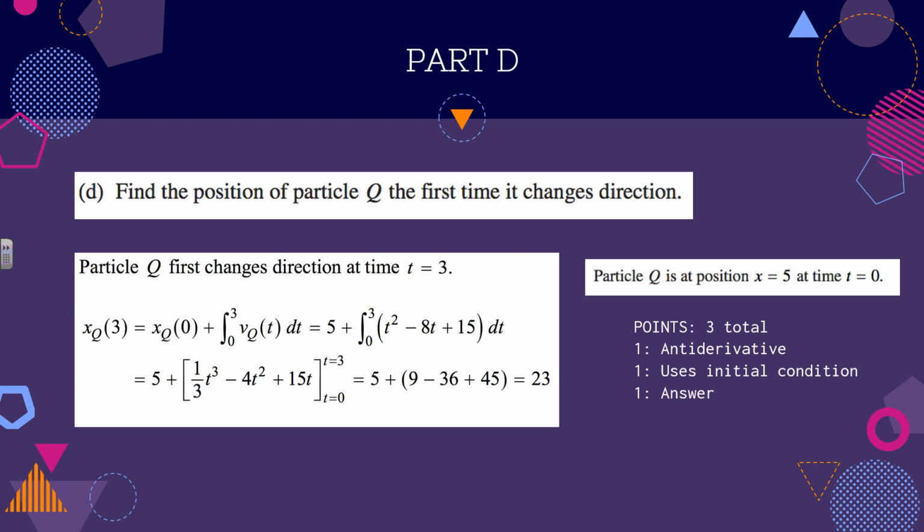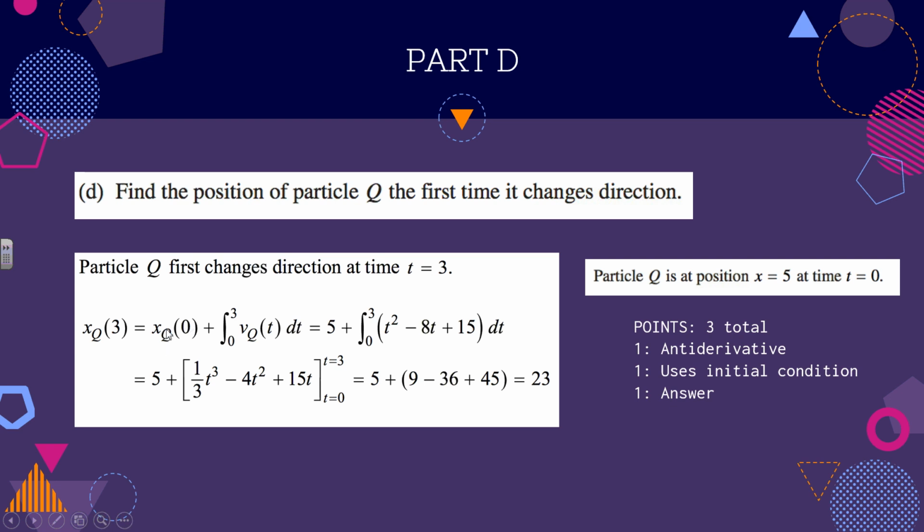And then in the last part, find the position of the particle at the first time it changes direction. In order to get from velocity to position, you want to take the integral. If you do the integral of velocity, it gives you displacement. Remember that you need to add the initial value in order to find the position. That's what this is here for.